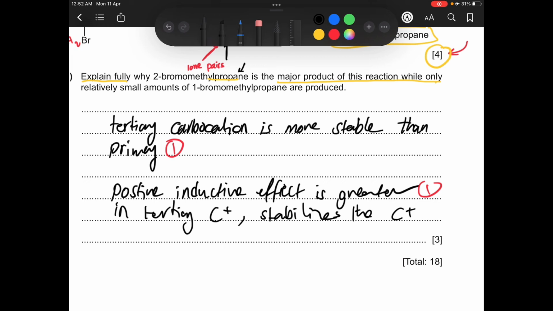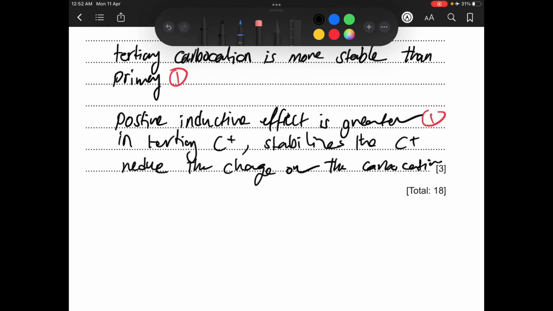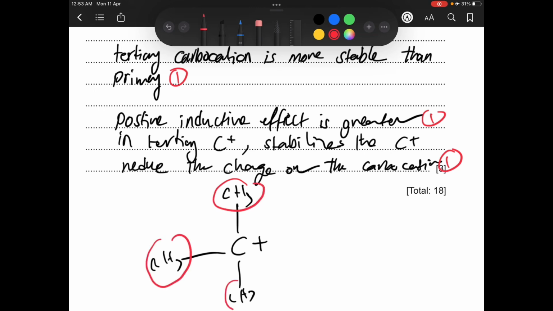And as a result of that, it will reduce the charge on the carbocation. I just want to explain that in terms of what is actually happening here. If you have a carbon plus and it has alkyl groups like, for example, CH3, put in your mind that in this case we have alkyl groups and they have electrons.